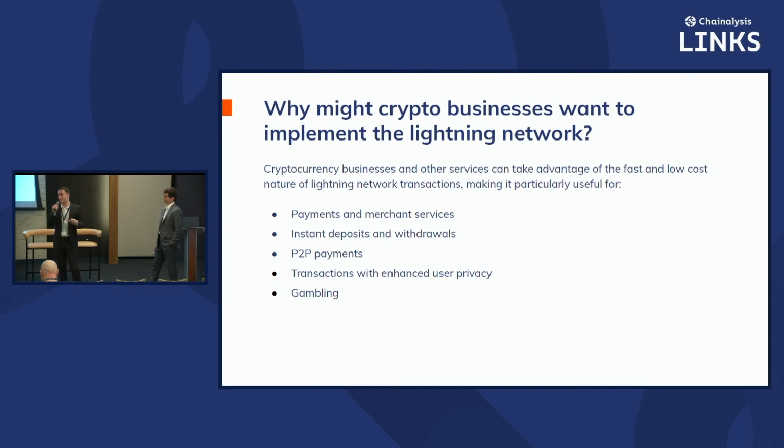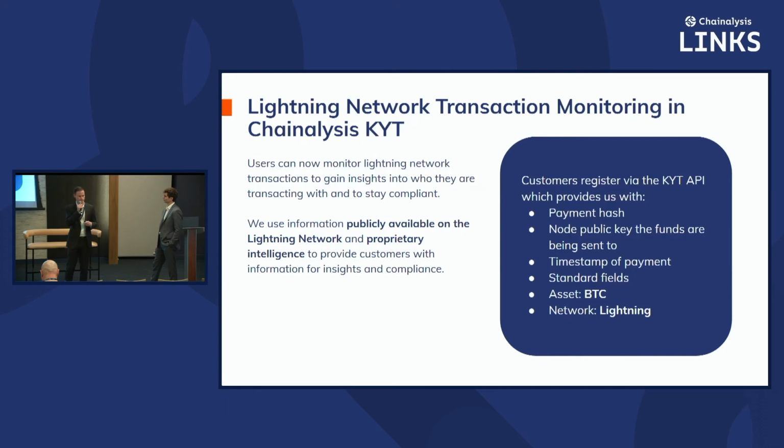It's a habit. We call it a habit for a reason. So gambling, really good use case. Peer-to-peer payments as well. A lot of the reasons why exchanges exist at all, they might especially want to participate in the Lightning Network. So what are the things that we can see?